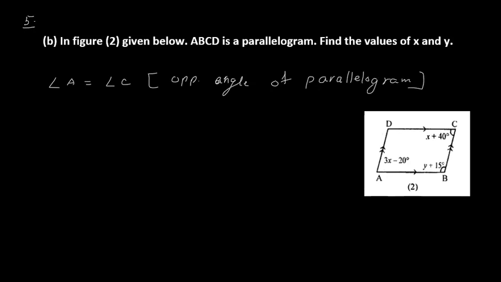So angle A, which is 3x minus 20 degrees, will be equal to x plus 40 degrees. So this will give me 2x equal to 60 degrees, x equal to 30 degrees. So the value of x is 30 degrees.